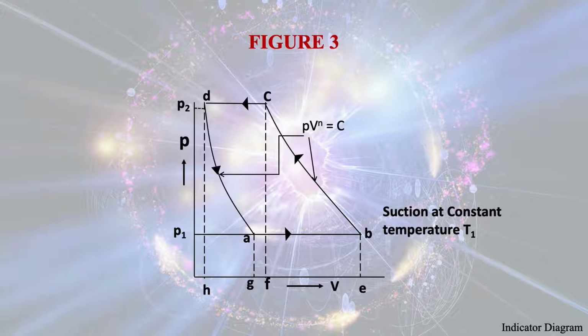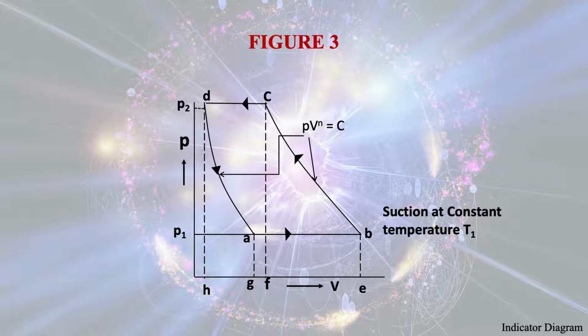Now we will see how to calculate the net work done for the entire compression process. That is nothing but the area under the curve ABCD. It is the area of ABCD.